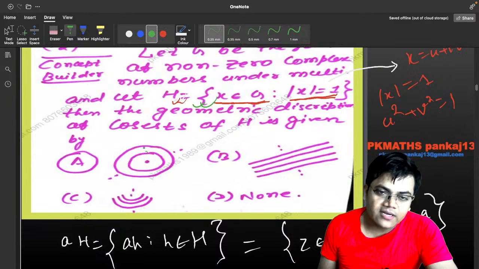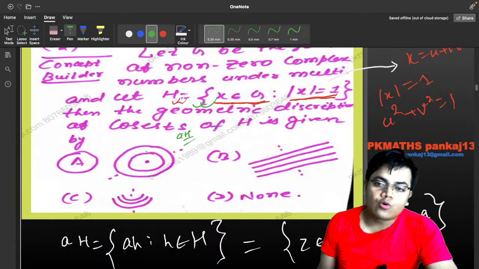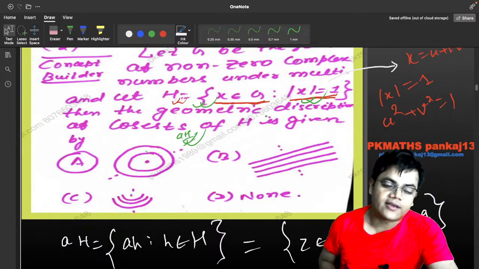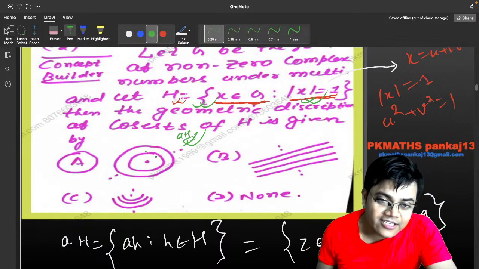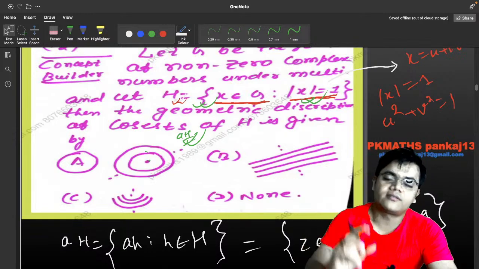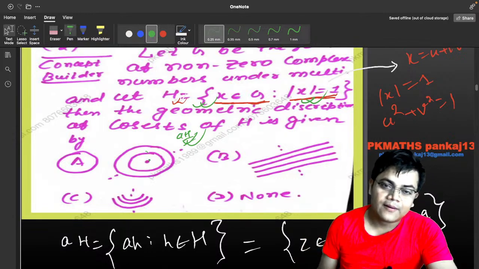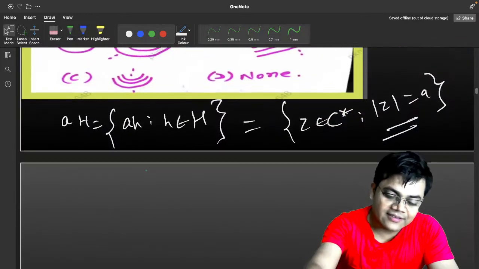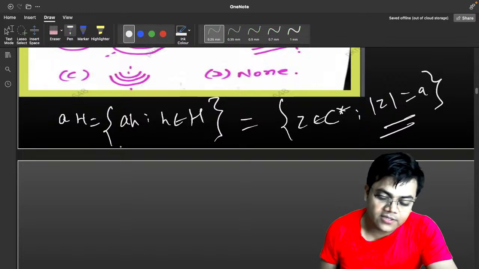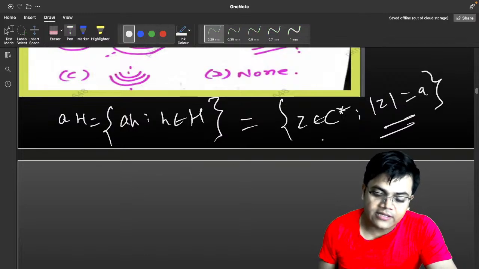If you want to write aH, what does it mean? The unit circle is given, but if you do aH, then you will get a circle of radius mod A. And in that case, you are getting nothing but a set of concentric circles, isn't it? And this is what I am just going to prove within 2 minutes.